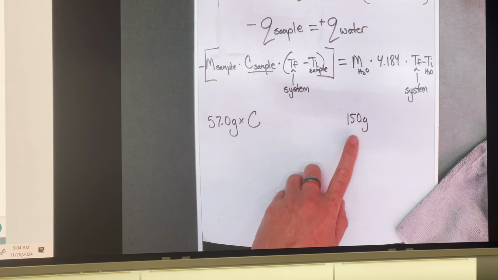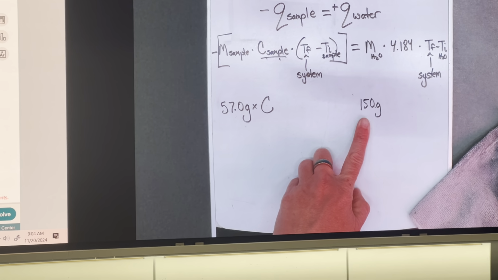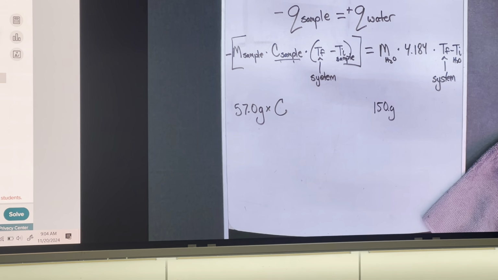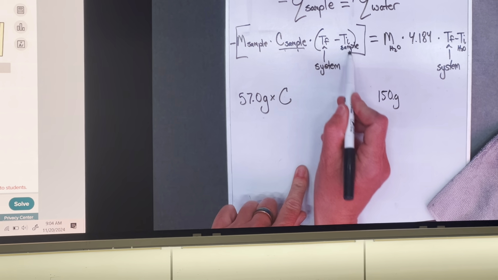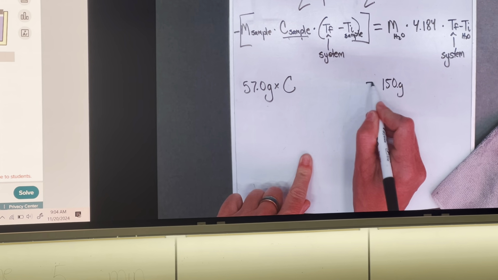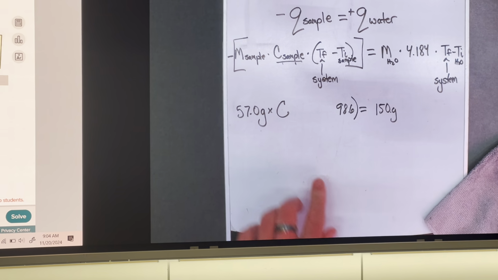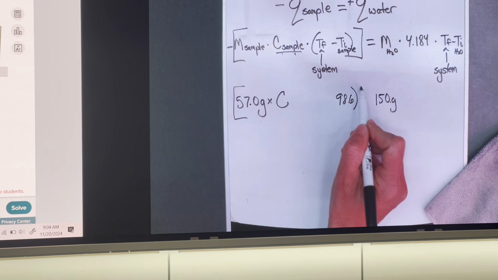The glass sample starts off at 98.6 degrees Celsius. That's the super high temperature, that's the initial temperature of the sample. So that's 98.6. And all of this is negative.